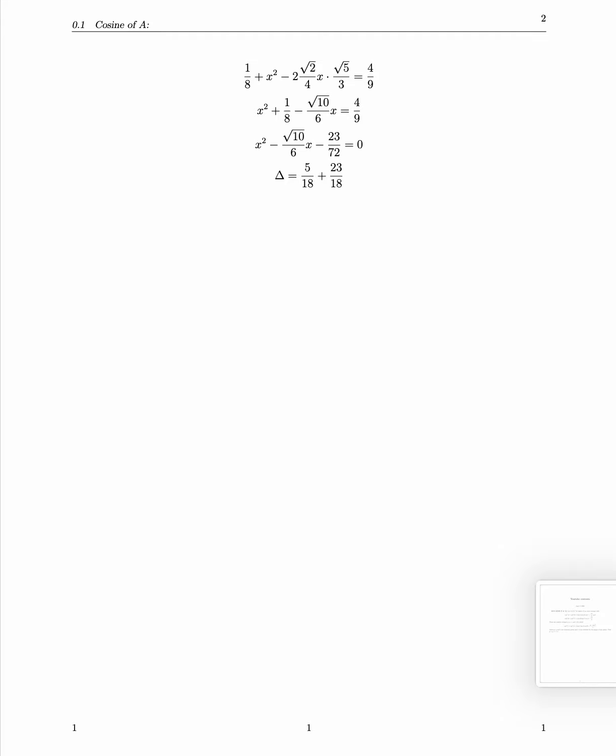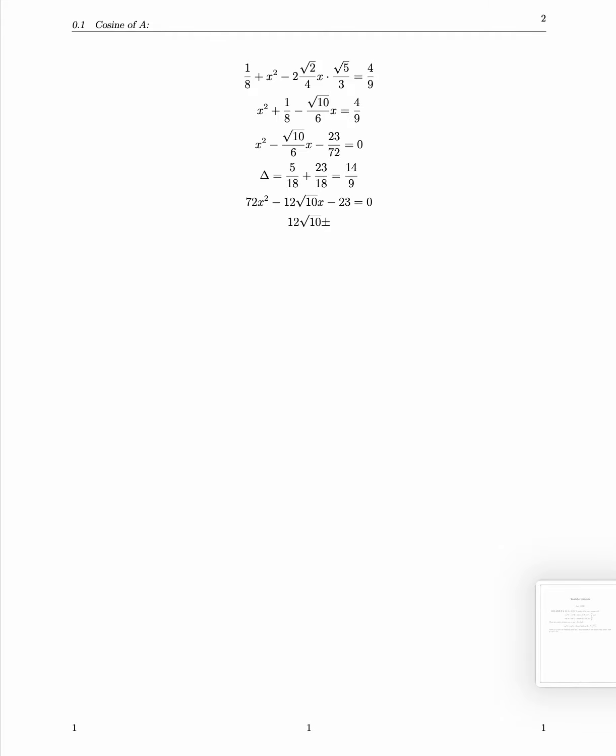So we have the roots are 12 square root of 10, plus or minus the square root of, and the fraction at the bottom is going to be 144.